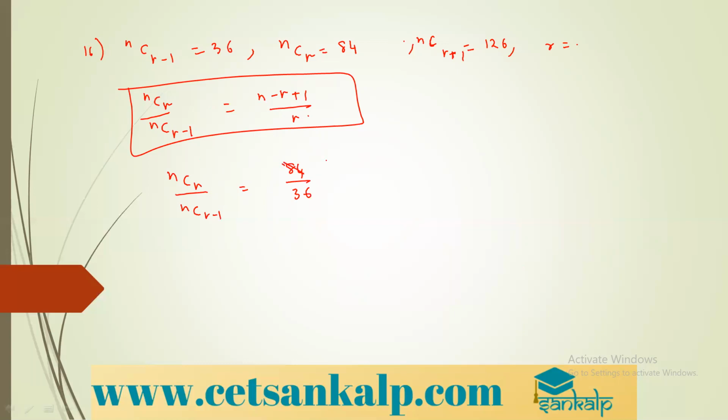What is 84? 12 sevens, and 36 is 12 threes. So I have N minus R plus 1 by R is 7 by 3.